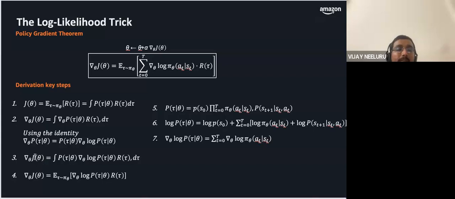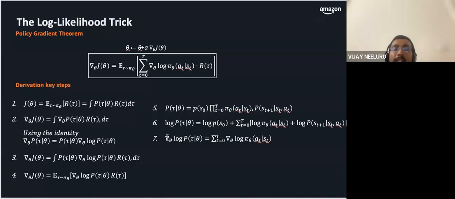After equation 3, we convert back into the expectation form, which is defined in equation 4. In the fifth step, we expand the probability of the trajectory in the form of the initial state distribution, the policy, and the transition probabilities over states and actions. Once you have the probability of the trajectory, we apply the log to equation 5 to come up with equation 6, which converts the multiplication into addition.